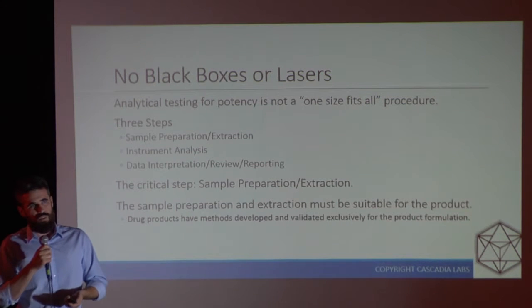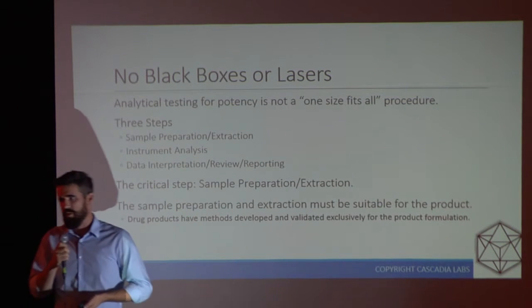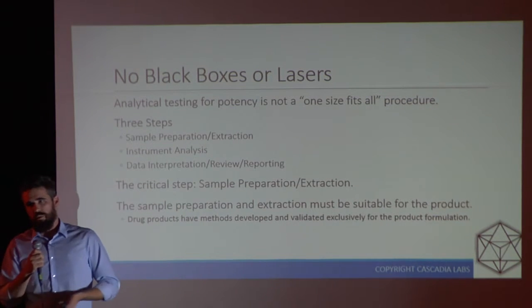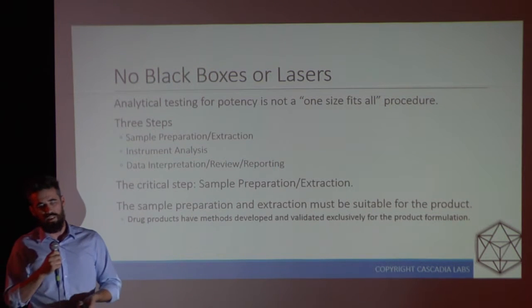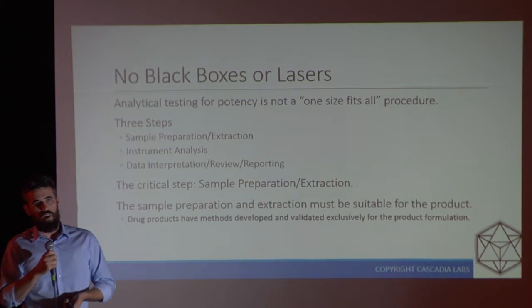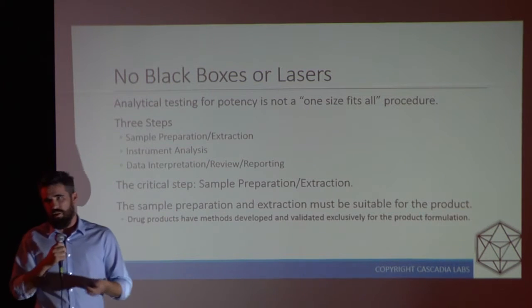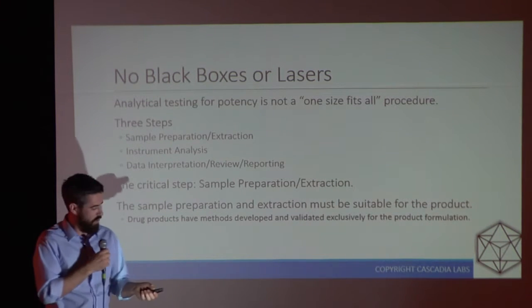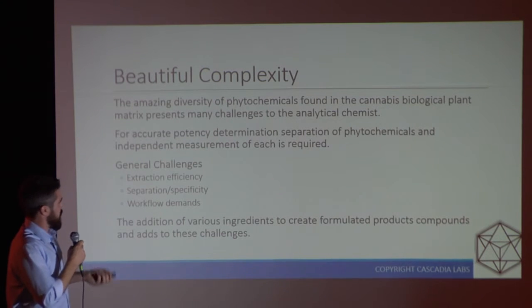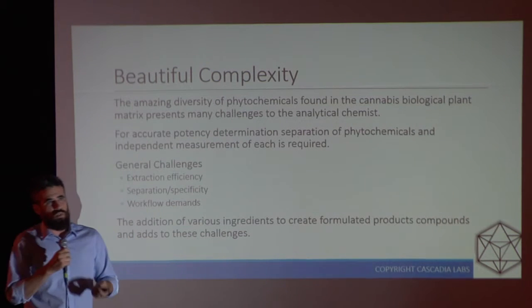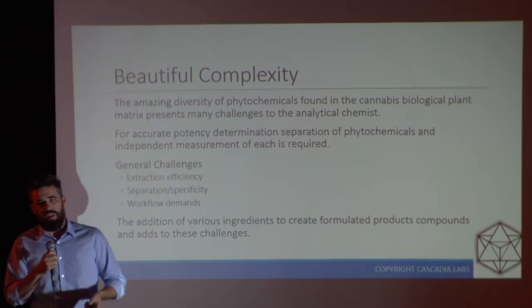For instance, we just received bacon the other day, cannabis-infused bacon, and we were requested to do a pesticide analysis on it. It's very challenging to perform an analysis on a unique matrix, and that's where we're going to go next: the complexity of the matrix is really driving the challenges here.